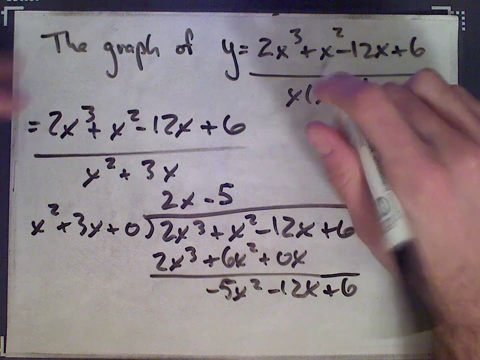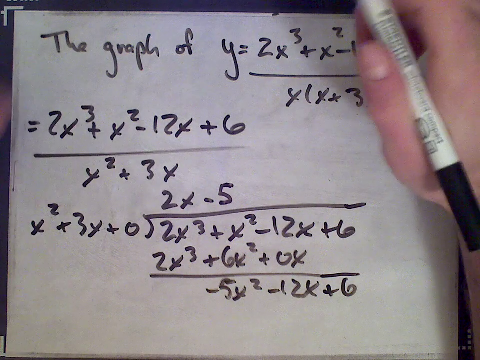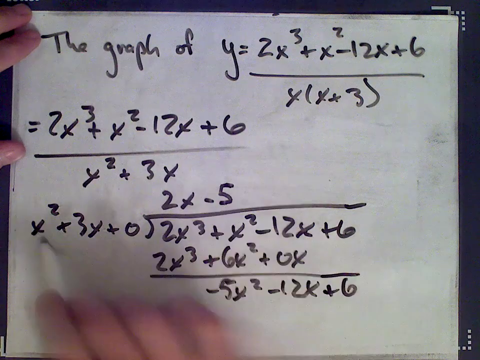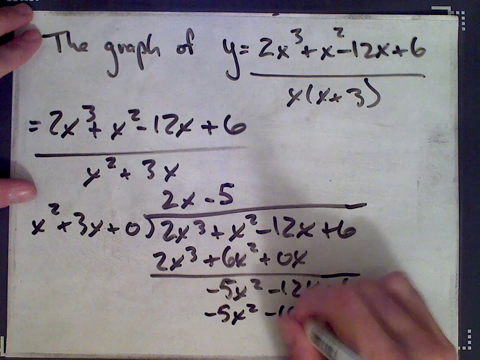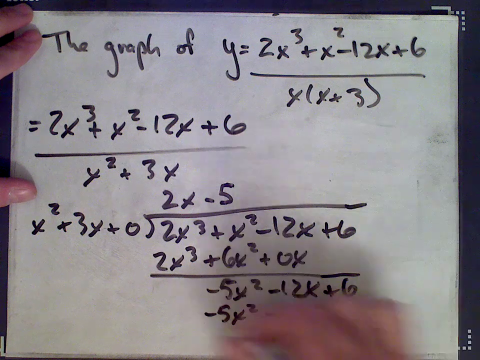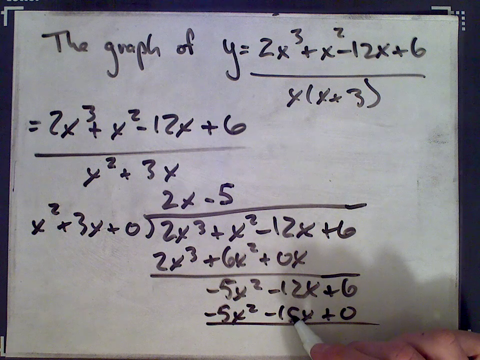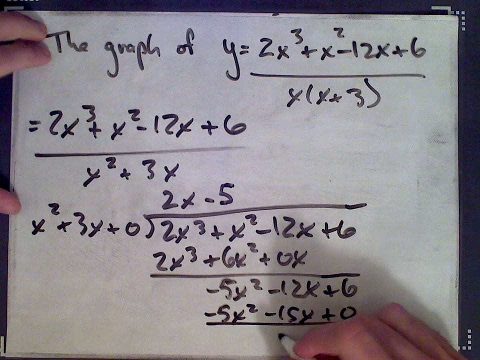And now whatever goes here, that times x squared should be negative 5x, so this should be negative 5. Here we know we're pretty much done because this linear term on the top will be this line, but let's carry through the rest of this division. Negative 5x squared minus 15x plus 0. And we see the remainder is negative 12 minus negative 15, so it's negative 12 plus 15, which is 3x.